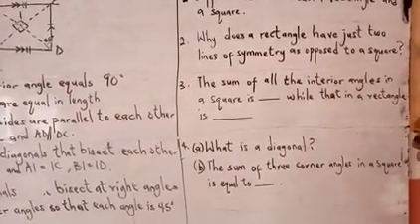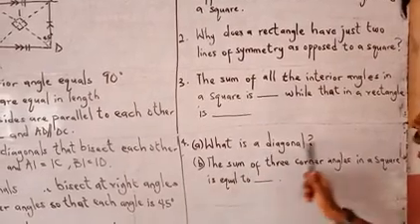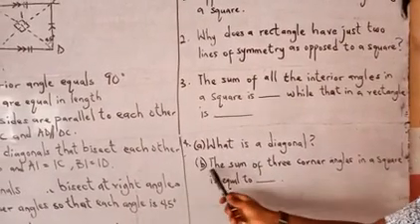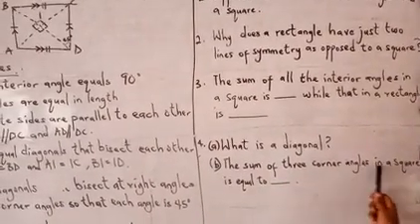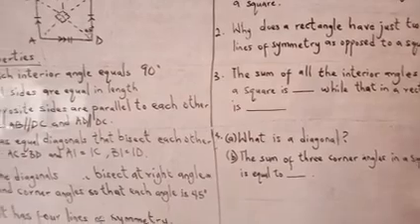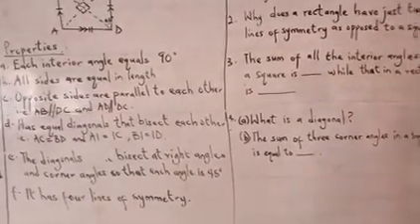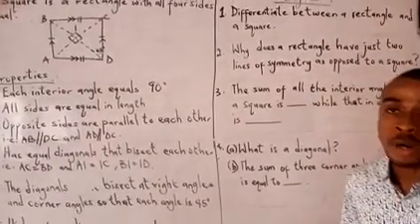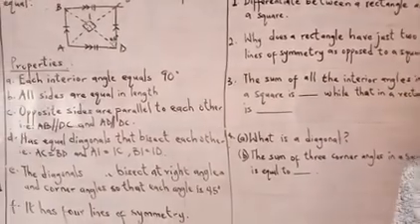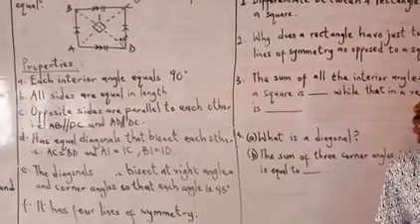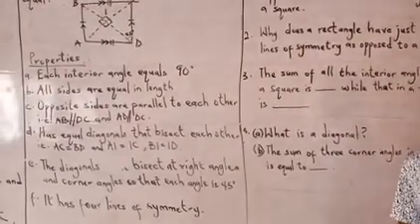You give the figure there. What is a diagonal? 4A, and then 4B, the sum of 3 corner angles in a square is equal to dash. So these are the questions. Provide your answers and hand them over or send them to the page for marking and corrections.